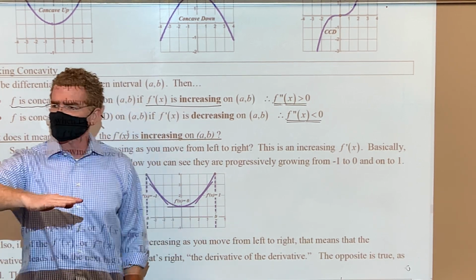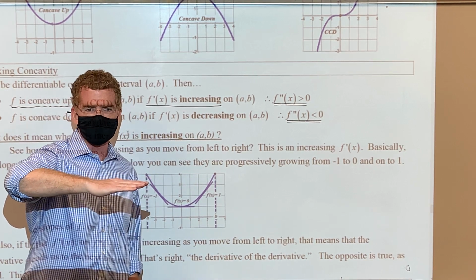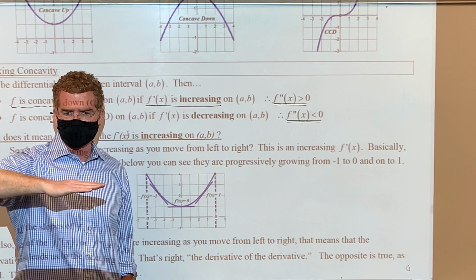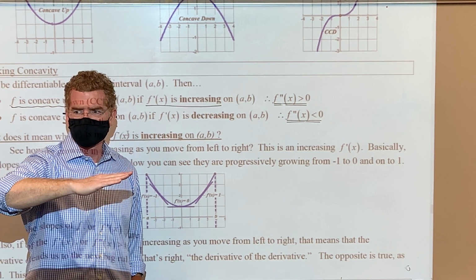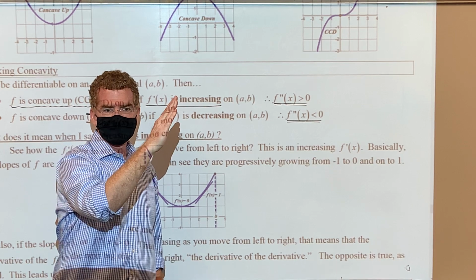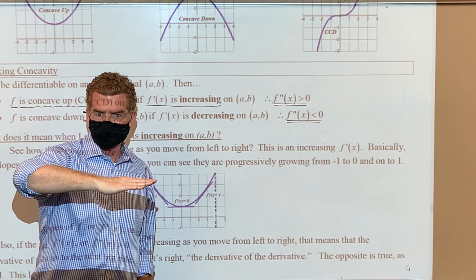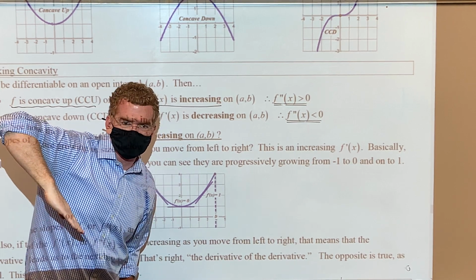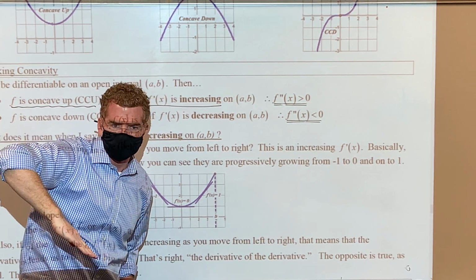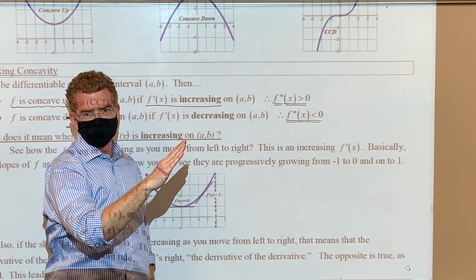Now you tell me, does this sound like slopes of f are increasing? So you got a slope of 0, then a slope of a fourth, then a half, then a slope of 1, then 2, then 3. Are those increasing slopes? How about this? Slope of -3, -2, -1, 0, 1, 2, 3.